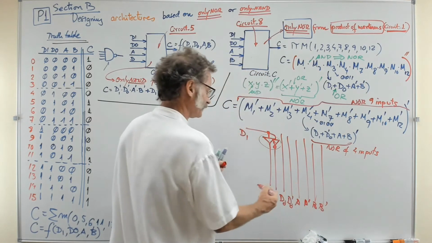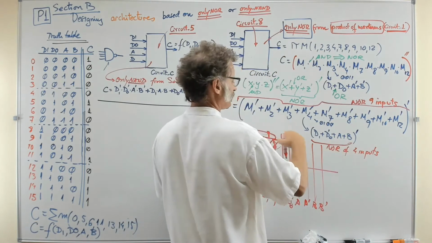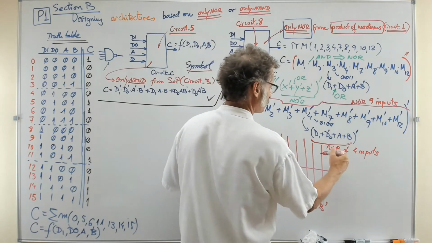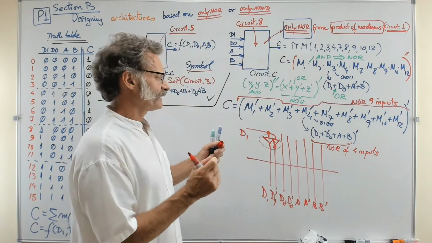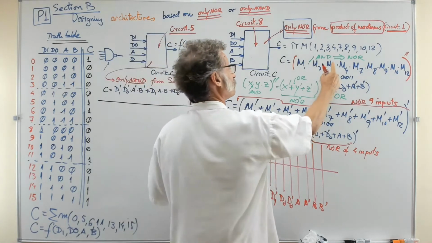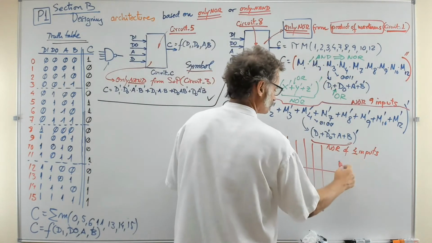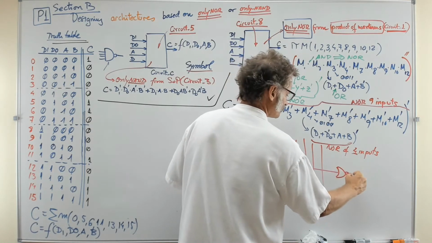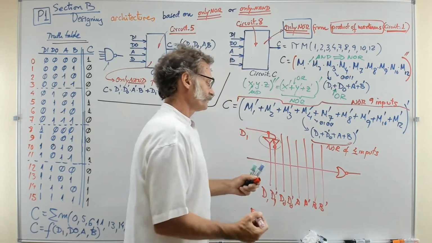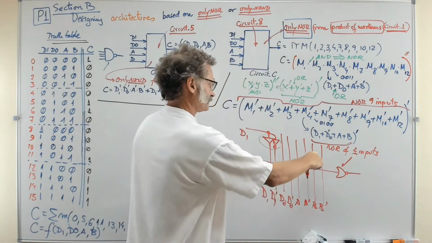If you've got that, the final circuit is, you see, many terms, but all of the same type. This time, all are very regular because we are talking about maxterms, and the maxterms have all of them 4 inputs. So what you've got here is a second level of gates, which is composed of 4 input NORs.